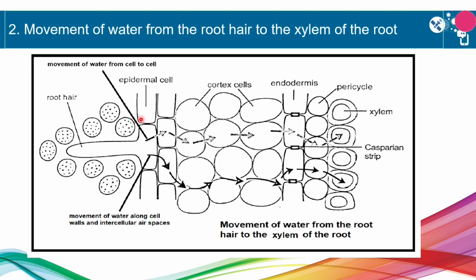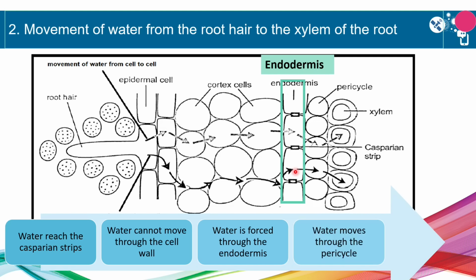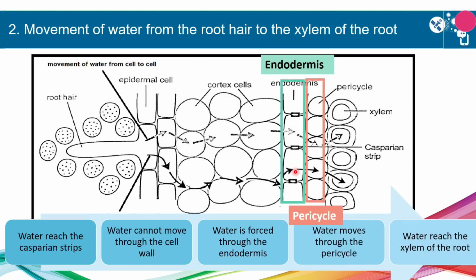The reason why I mentioned that is because this endodermis has the Casparian strips that we mentioned right at the start, and that basically forces the water to enter the cell, and acts as a type of bodyguard that only allows the water to pass through and not any toxic substances.